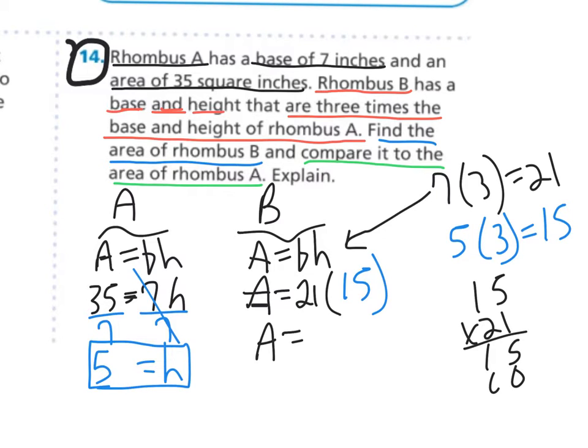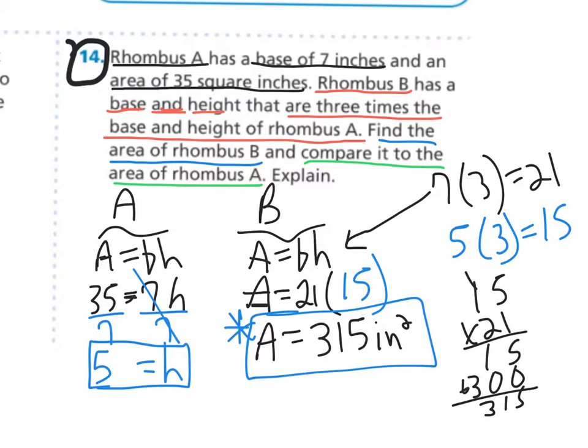Make sure on your second line you remember your place value 0. So that would be 315 square inches.